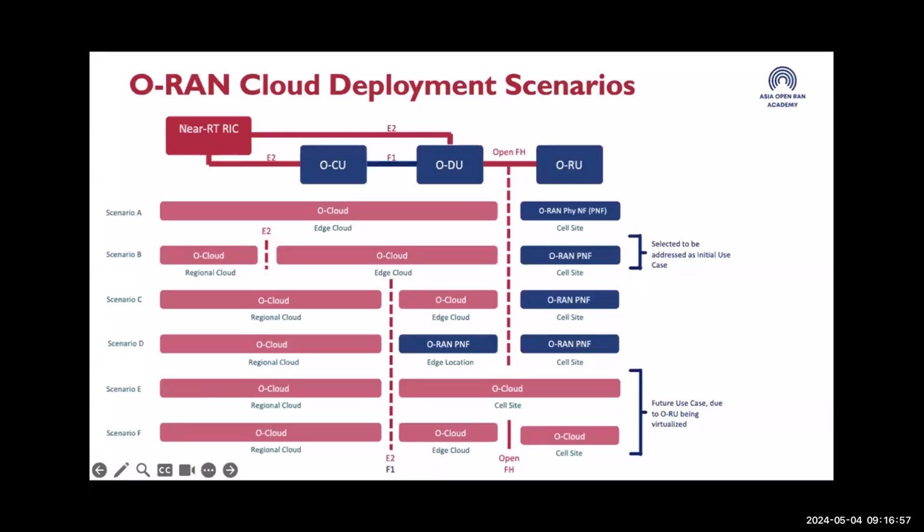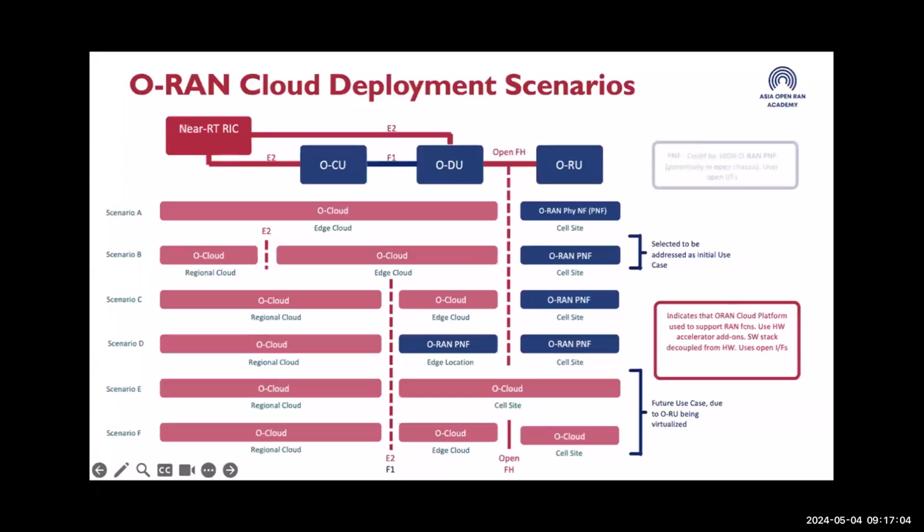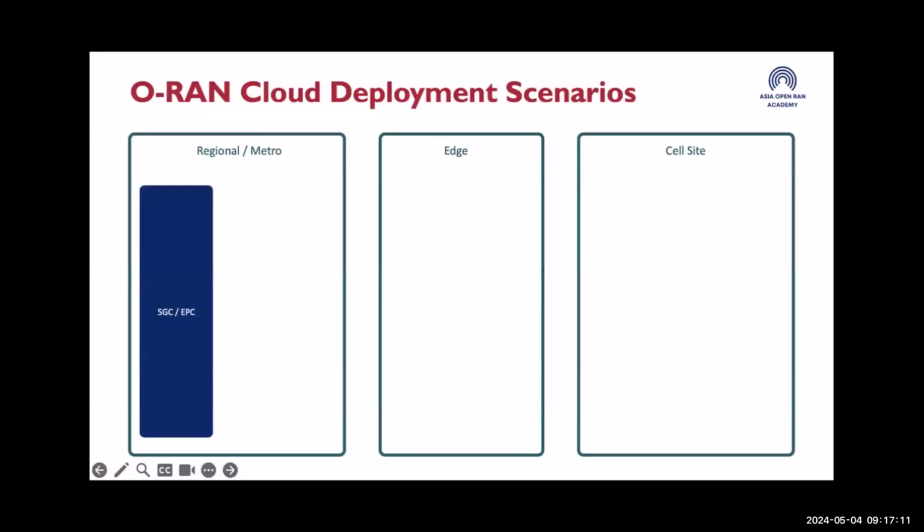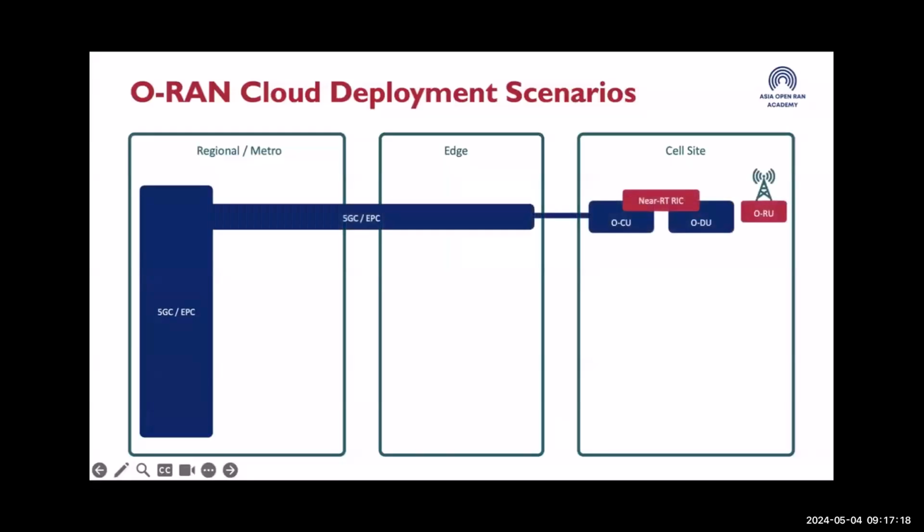So what else do we have here? Last slide would be the ORAN cloud deployment scenarios, just another illustration where you can see the regional or the metro. The 5G core or the EPC is located here in the regional area. So what happens in the edge? The 5G core could be deployed here, regional or edge, and the cell site premises could be here.